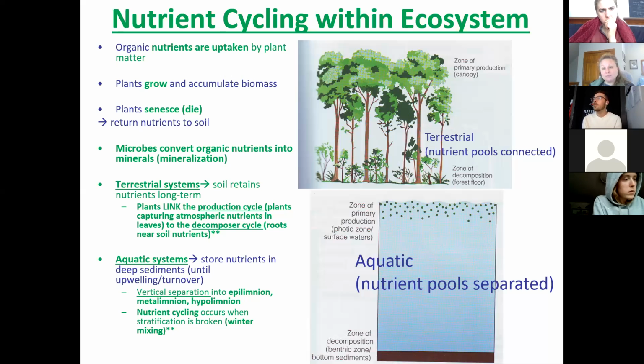On land, although there's vertical structuring separating them, the plant itself connects it. The plant is rooted in the ground where decomposition occurs, and the top of the plant is where the photosynthesis occurs, where the production occurs. So there is that connection.